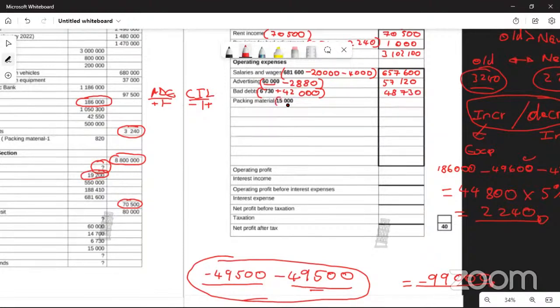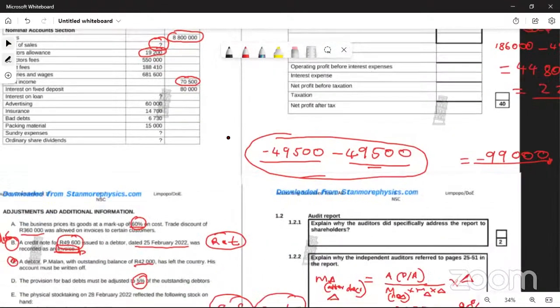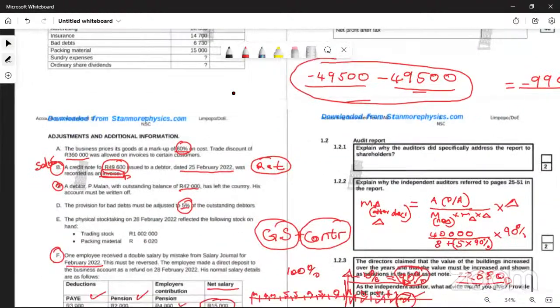Okay, then we say packing material. With packing material, we want the packing material used. So we take packing material from the pre-adjustment and we subtract the packing material on hand. Let's check for a transaction regarding the packing material on hand.